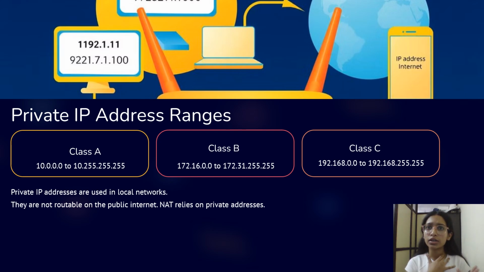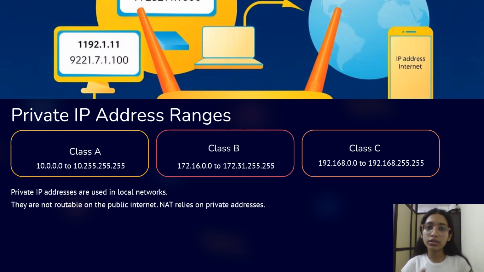Class A ranges from 10.0.0.0 to 10.255.255.255. Class B ranges from 172.16.0.0 to 172.31.255.255, and likewise Class C has its own range. So I hope you all know what these are.